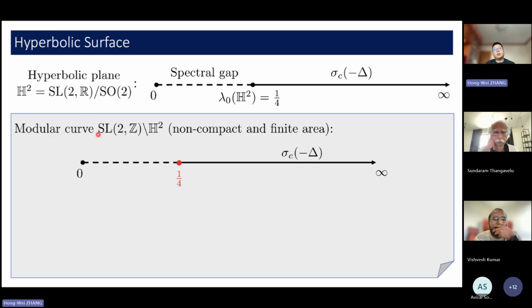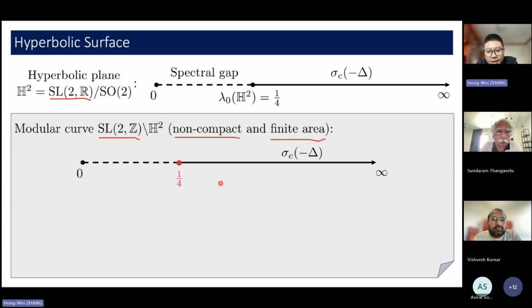But if we consider a hyperbolic manifold, it means that we consider a discrete subgroup Gamma of G = SL2(R), and we get a new manifold. In this case, if we consider SL2(Z), we will get a hyperbolic surface which is non-compact, but with finite area. So in this case, we have a continuous spectrum as on the hyperbolic plane, which means that the bottom is 1/4.